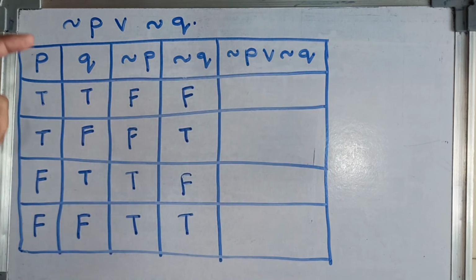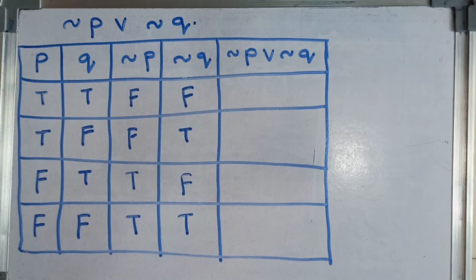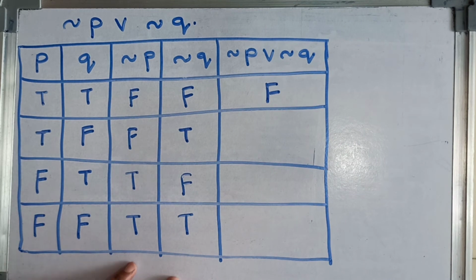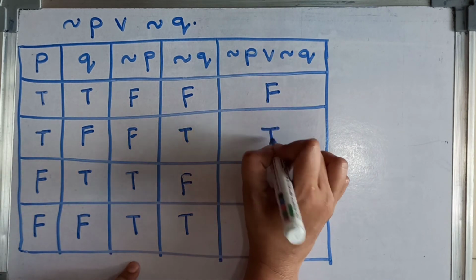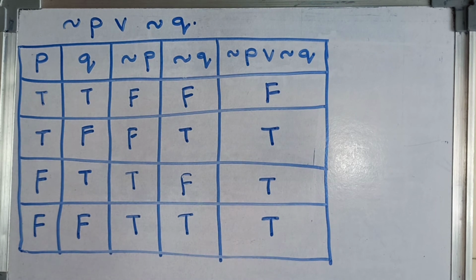Now for OR, we have already seen the truth table: if both statements are false, then the resultant statement will be false, otherwise it will be true. So here, for the first two rows, negation P and negation Q are both false, so the statement will be false, and for all other combinations it will remain true. That is how you construct a truth table.